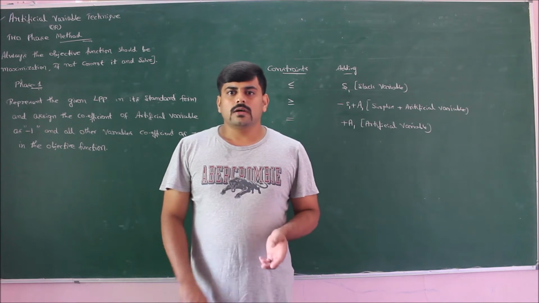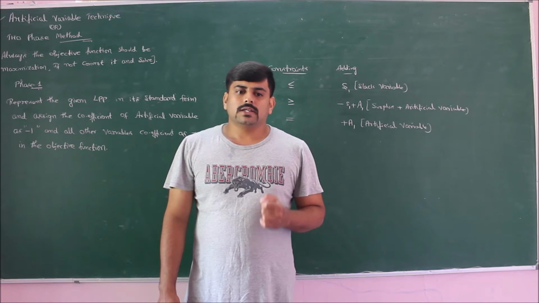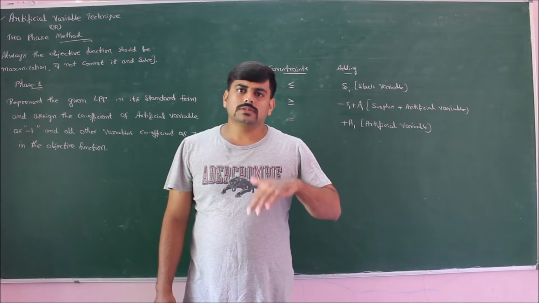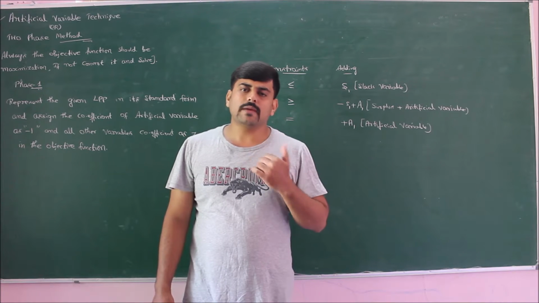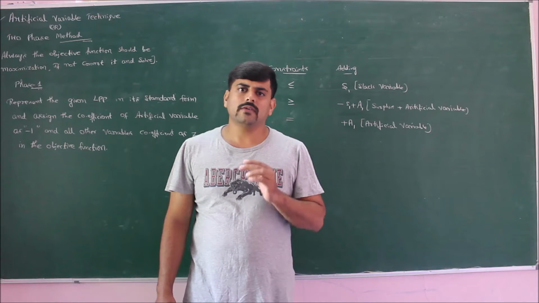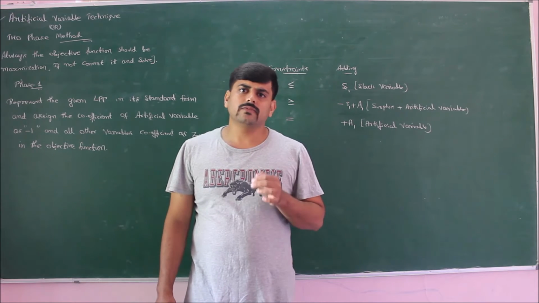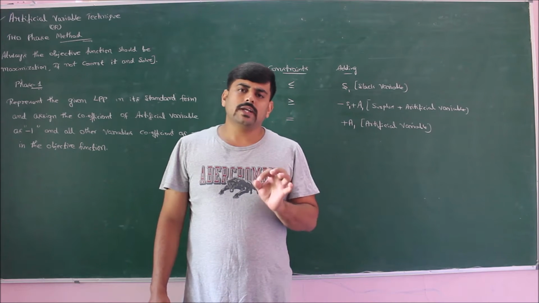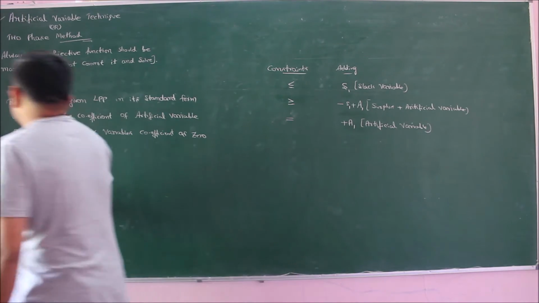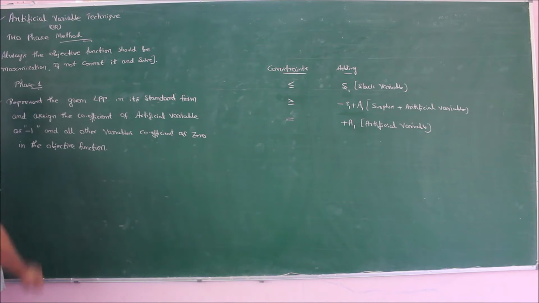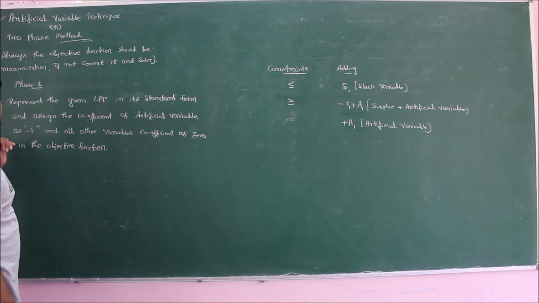Next, the very important procedure is that we will follow the simplex table procedure as we do for big M method as well as for simplex method, and we will continue the problem until we get the value of delta i greater than or equal to 0. So in phase 1, the first step is that represent the given LPP in the standard form and assign the coefficient of artificial variable as -1 and all other variables coefficient as 0 in the objective function.